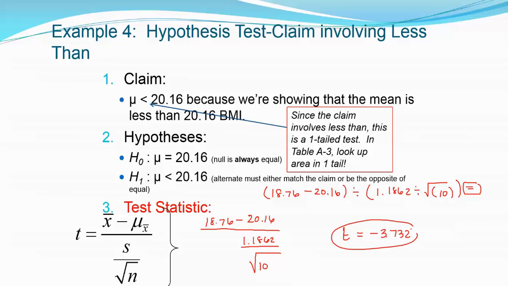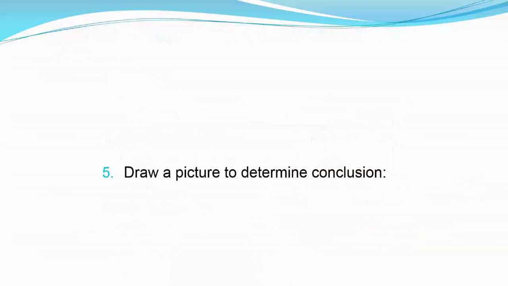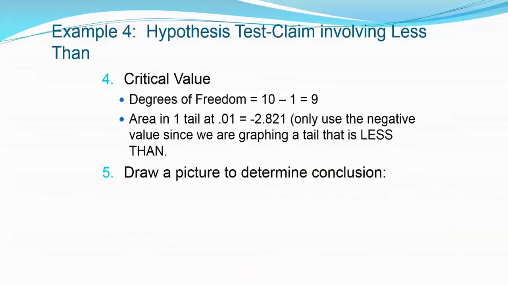Okay, so now let's look at the critical value for the test. We have 9 degrees of freedom because we had 10 total in our sample, and the area in one tail at alpha equals 0.01 on the 9th row gives us 2.821, but I use the negative sign because I'm doing a less than test. Okay, so let's go ahead and set up the picture for this.